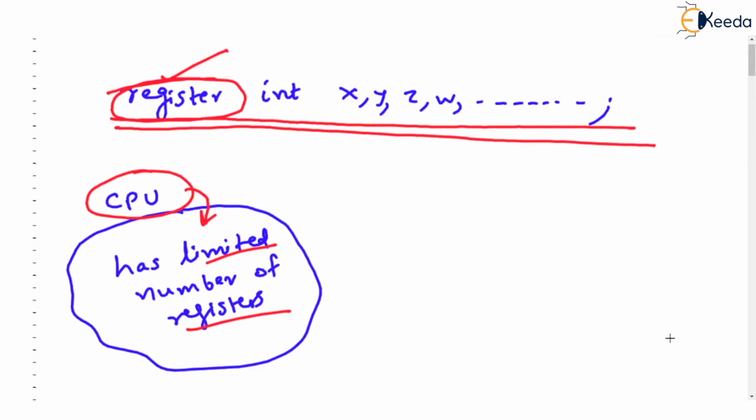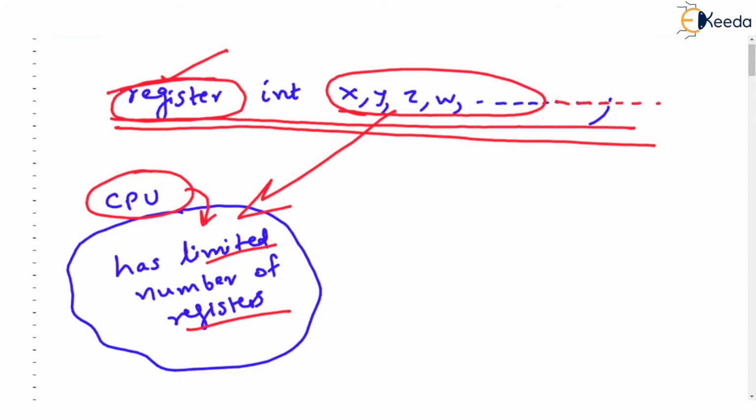The C language will not give any error. What it will do is store only those variables which can fit in the CPU registers. But the rest of the variables which you intended to be register variables will automatically become auto variables.